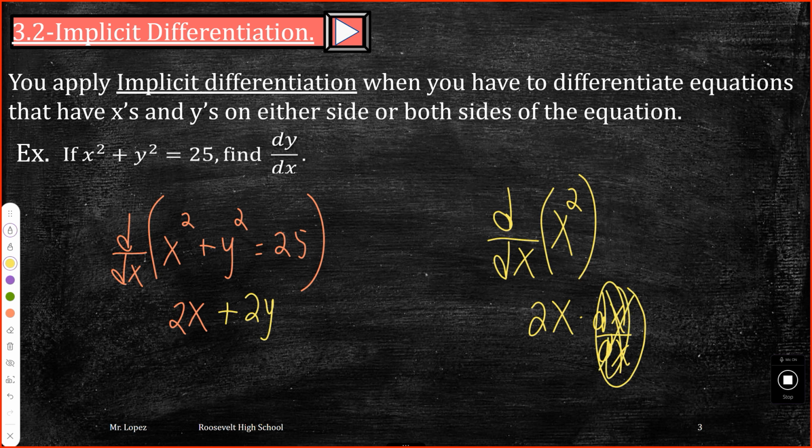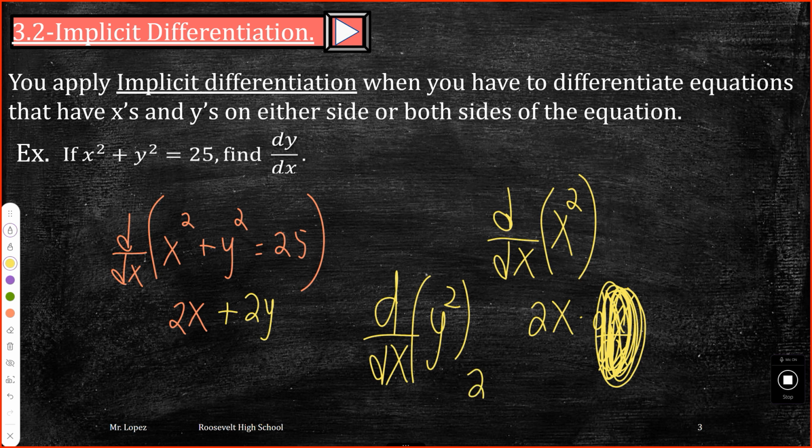So that's why we never even talk about this stuff. Whereas when we have d dx of y squared, the derivative of this is 2y, but we're going to say the change in y with respect to x. So 2y dy dx.